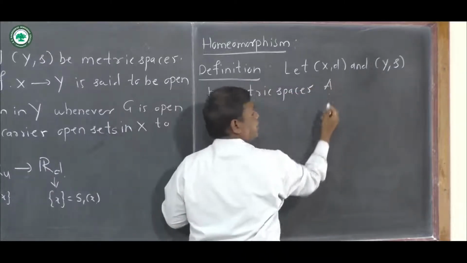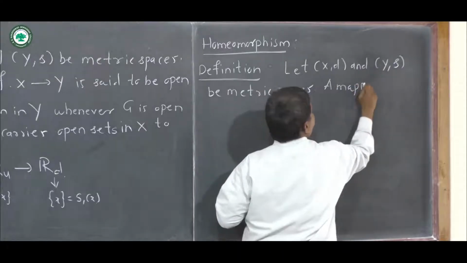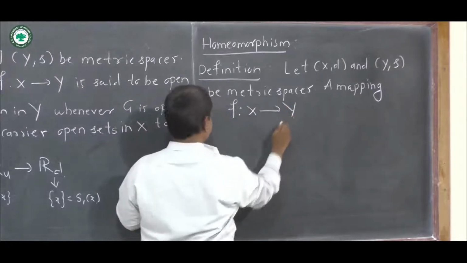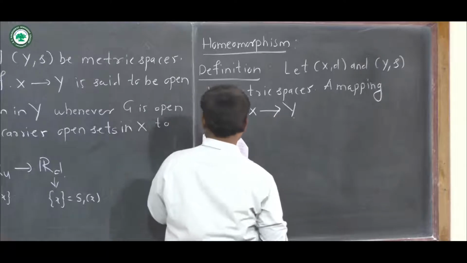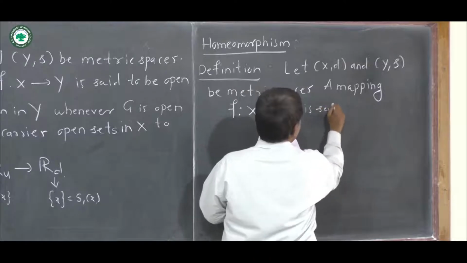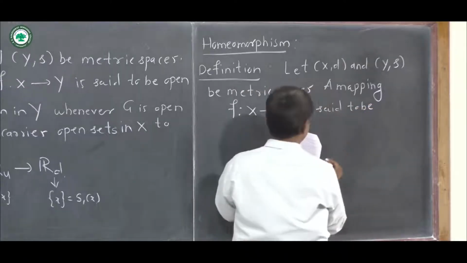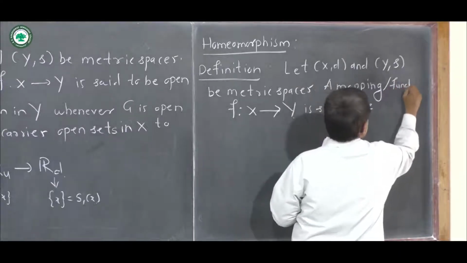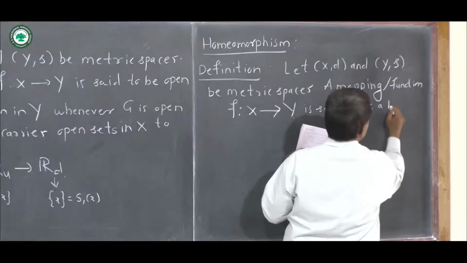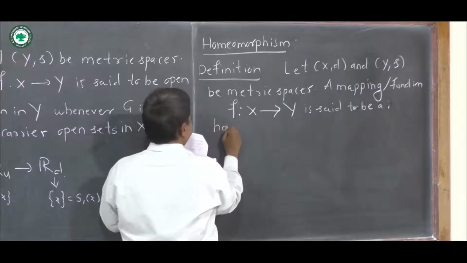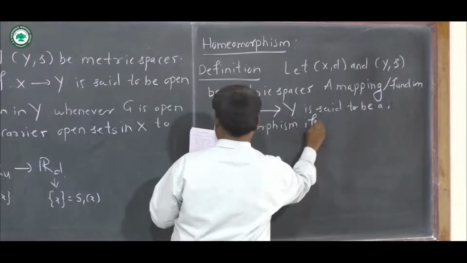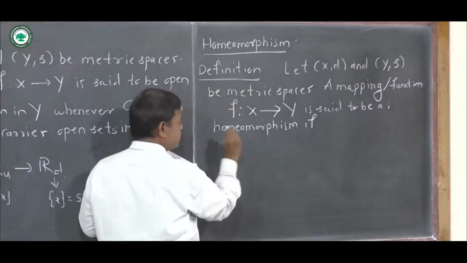Then a mapping, or a function, f from the set X to Y is said to be a homeomorphism if, first, it should be injective.